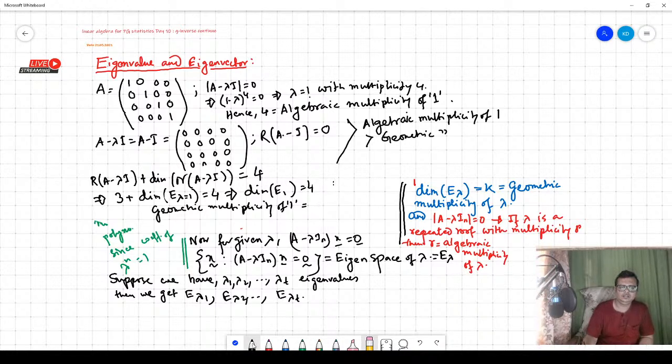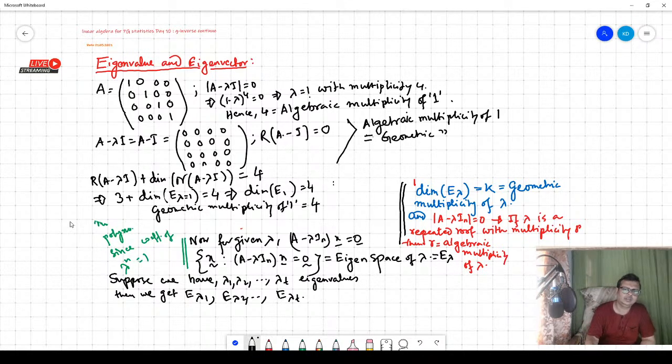Here geometric multiplicity of 1 is 4. So for this example we see that algebraic multiplicity equal to geometric multiplicity.